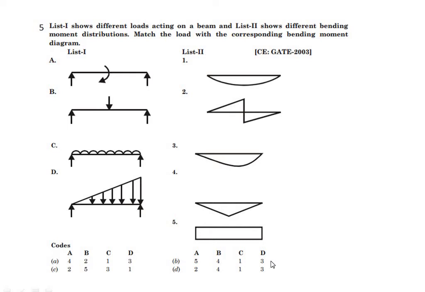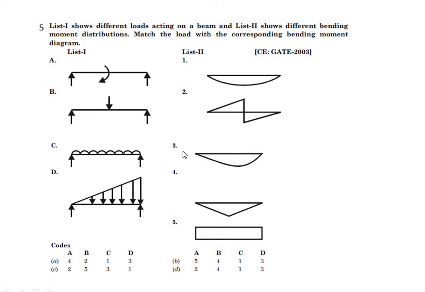If you even want to check, you can check. For C, the answer is 1. If you have a uniformly distributed load, you'll have a quadratic variation, so it satisfies that. And for D, it is a uniformly varying load, so you'll have a cubic variation. So for D the option was 3, and option 3 is again right.